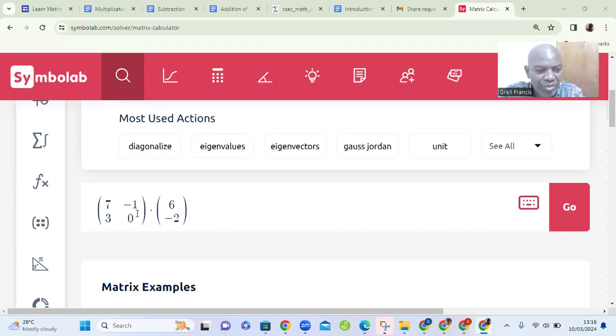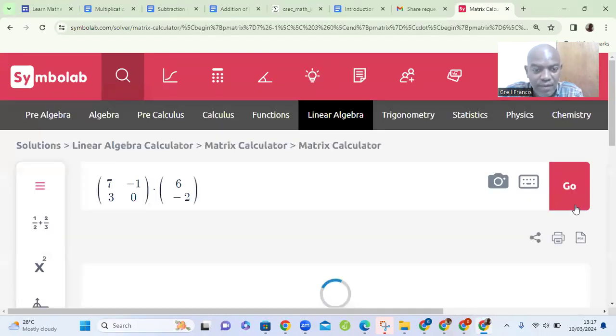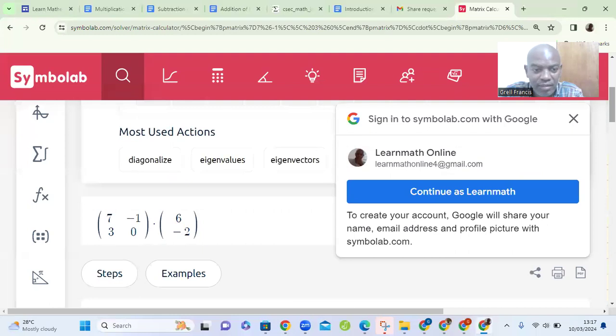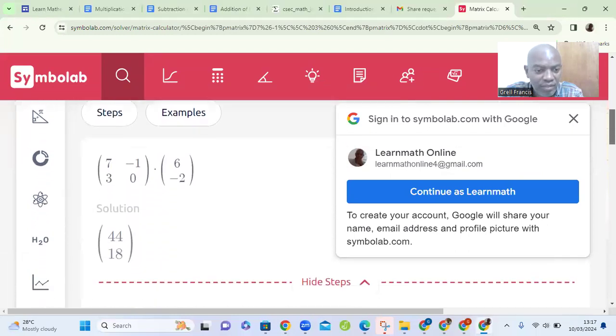Remember, we said we're going to predict our answer is going to be a 2 by 1, 2 rows and 1 column. For a column matrix, it will look like C. And yes, 7 times 6 plus -1 times -2, and 3 times 6 plus 0 times -2. So let's see what the answer is. And here Symbolab has given us our answer. We'll click our button.